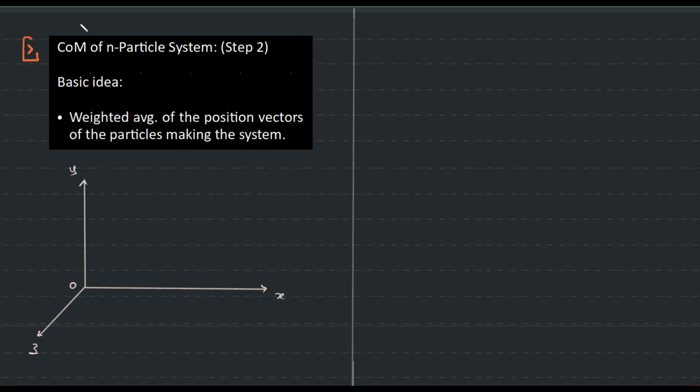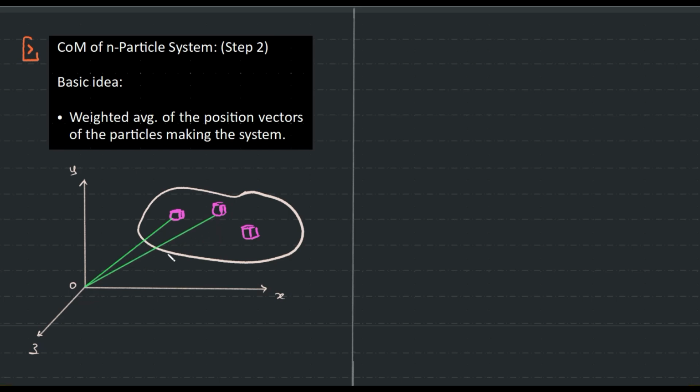And you have some object, and it's made up of certain masses. Now, the position vector of this is, say, r1, r2, and say r3.